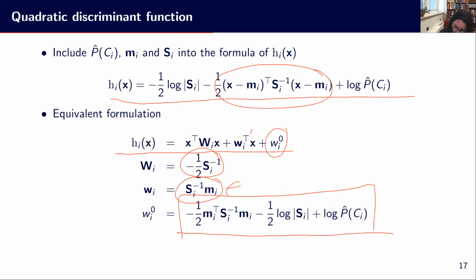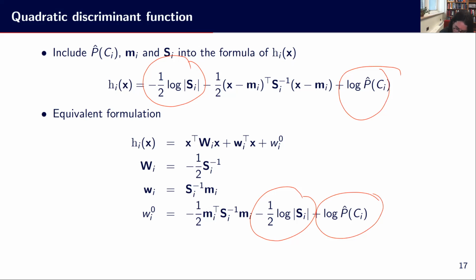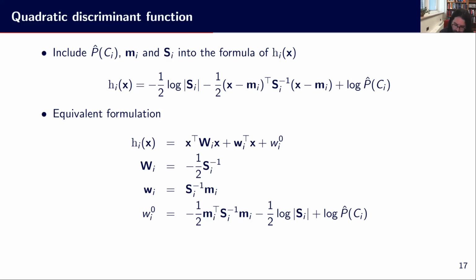So we've got S inverse of S_i times m_i, and that is also coming from that expansion. But if we look at the constant, the nice thing is that this is constant according to x, this is constant according to x, and this is also constant. And that last part comes from expanding this part where we have the 3 elements.